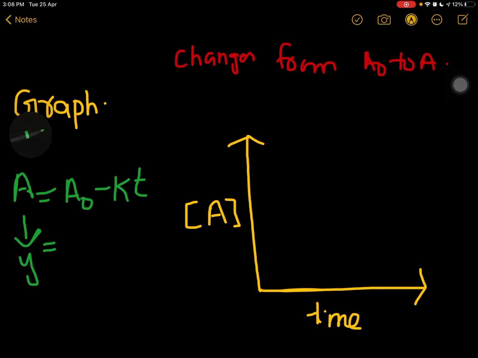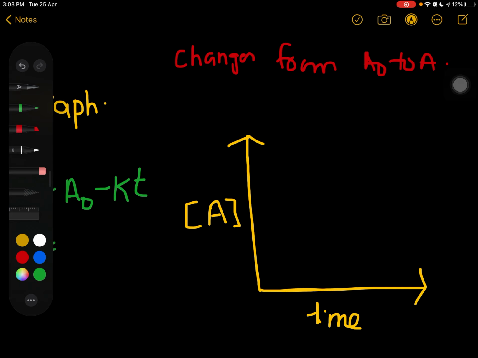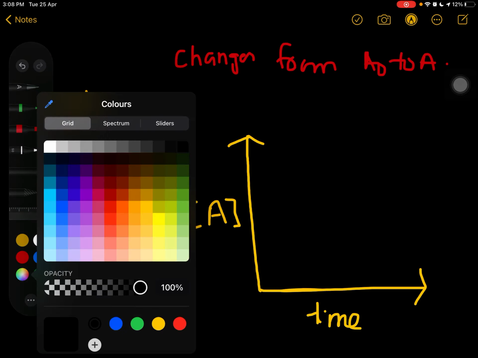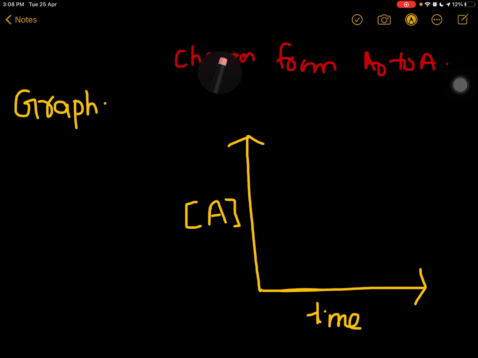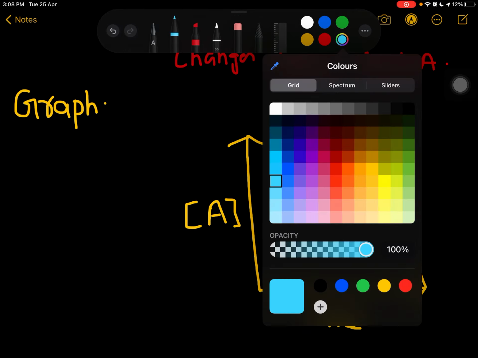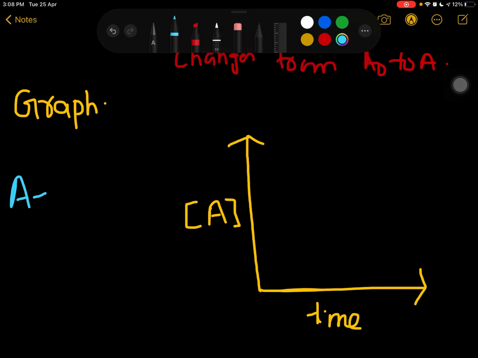Can we rearrange this equation? We can write this equation as A is equal to minus kt plus A naught, right?